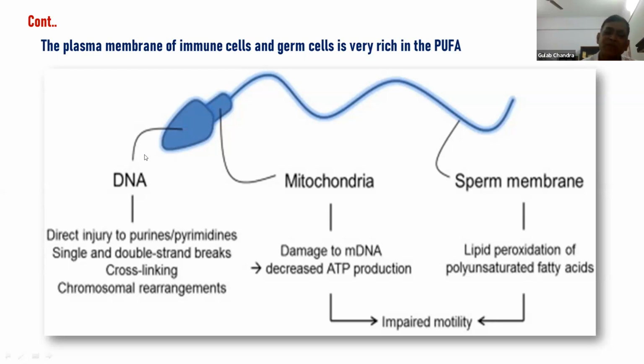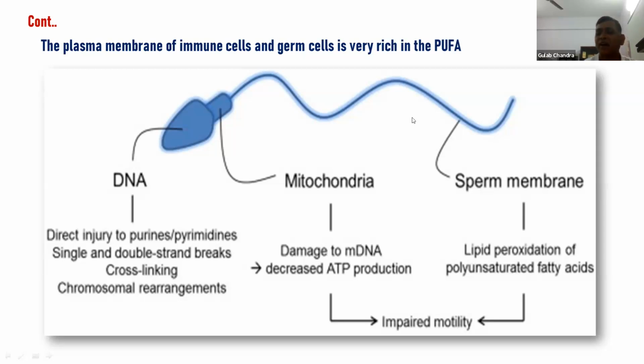In this picture, it is shown how the spermatozoa are degenerated by the free radicals. This is the DNA. As I told in the earlier slide, DNA is damaged by the free radicals, and the mitochondria and mitochondrial DNA are also damaged by these free radicals.